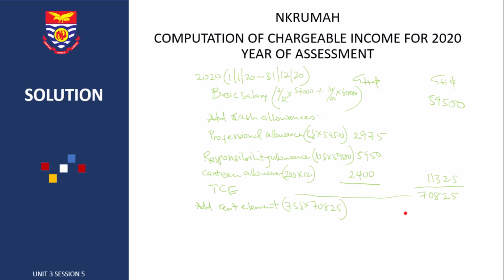And it is giving us 5,311.88. So you're going to get a total of 76,136.88, and this is our assessable income.